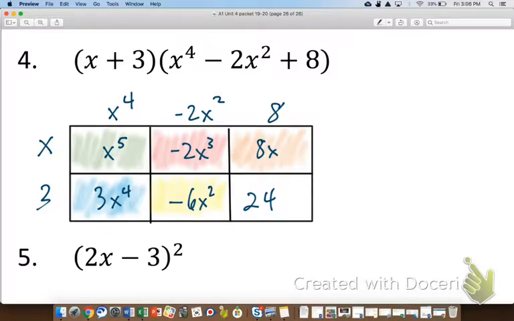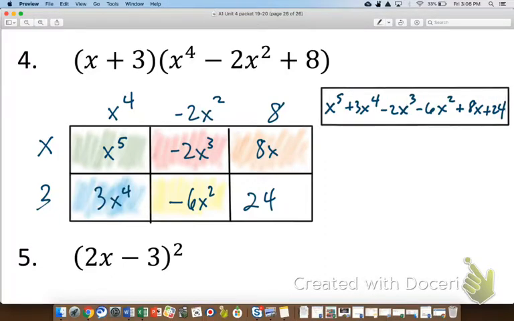Final step here would then be to just add these up in the customary way. So it'd be x to the 5th plus 3x to the 4th, 2x cubed. I got it all in there. Okay. So what I have inside that black box out there to the right would be your final answer.